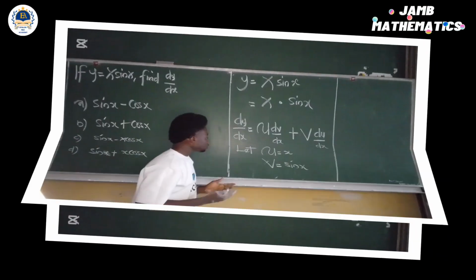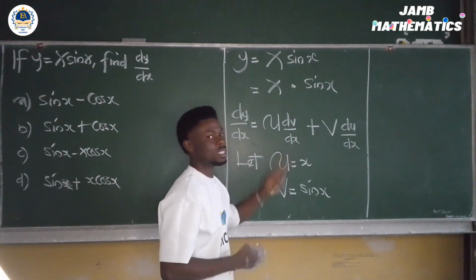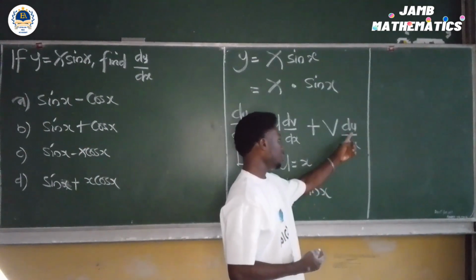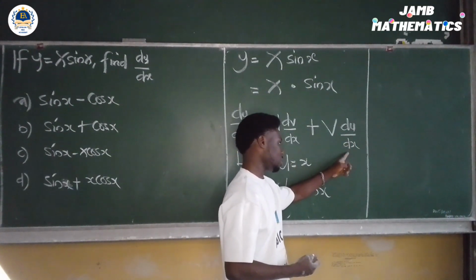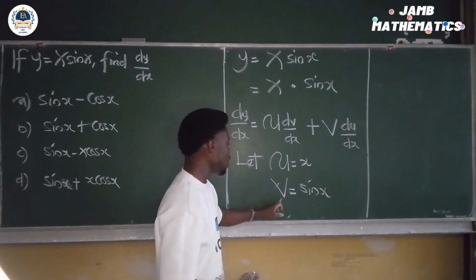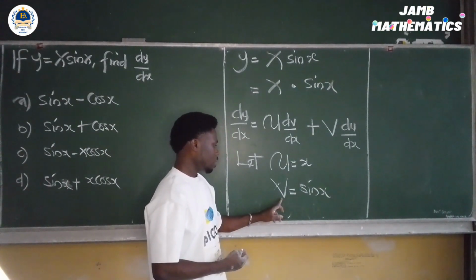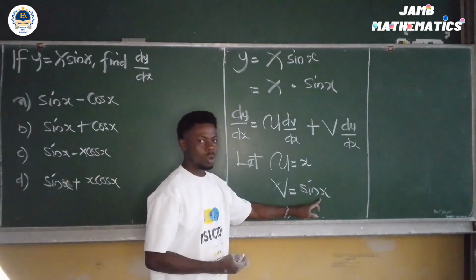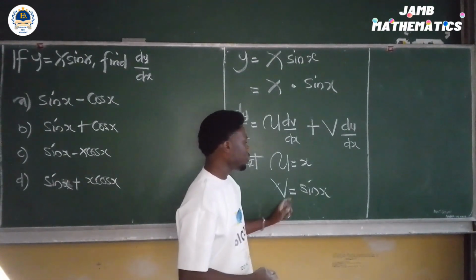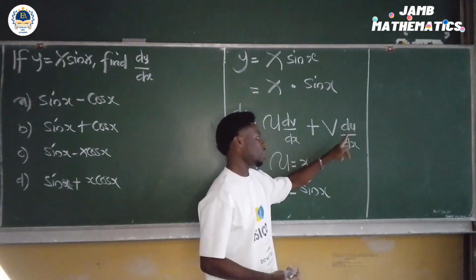So from the formula, we have to determine dy over dx. That is the derivative of v with respect to x, and also the derivative of u with respect to x. So to find dy over dx, we have to find the derivative of v. So the derivative of v with respect to x is what we call dv over dx, whereas the derivative of u with respect to x is what we call du over dx.